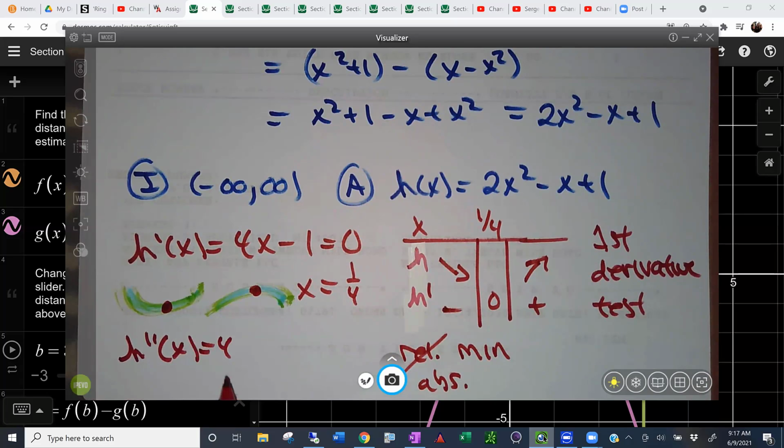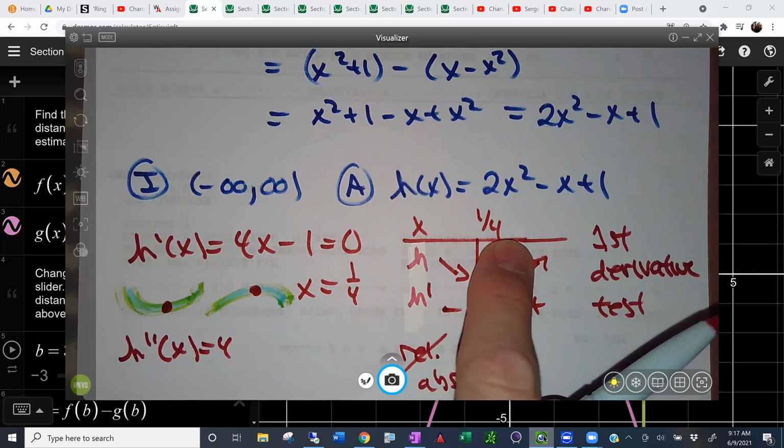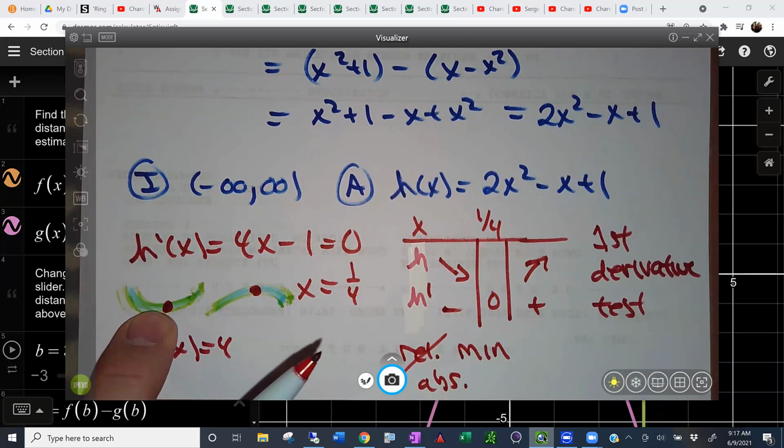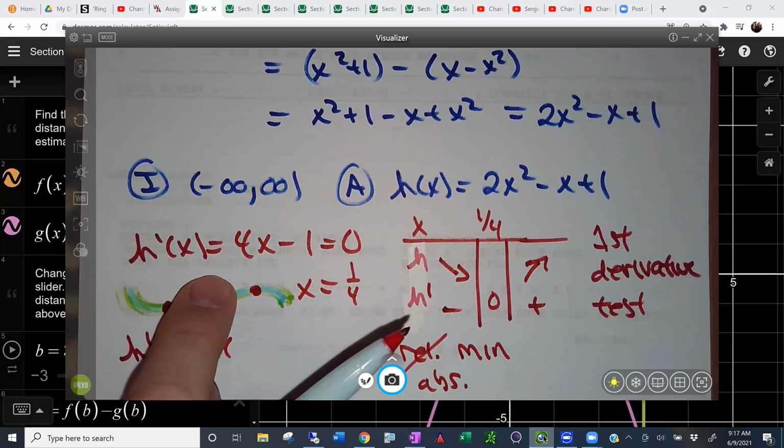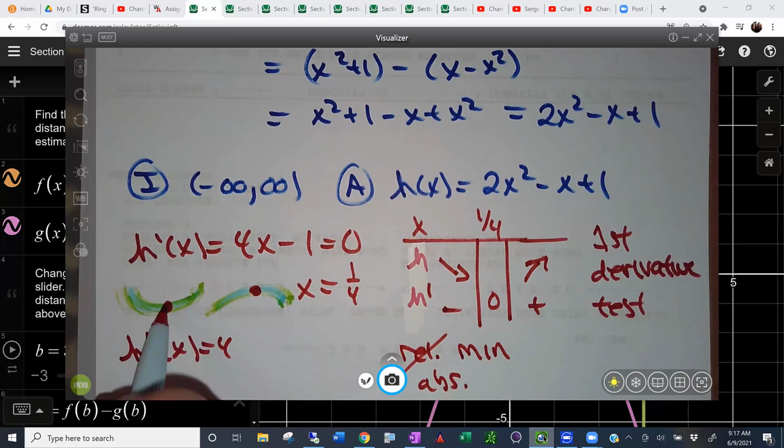If when you put this point into the function, the second derivative is positive there, then you have to have a concave up shape, meaning that that critical point's a minimum. If the second derivative is negative at that point, then you've got a concave down shape, so that critical point is a maximum.